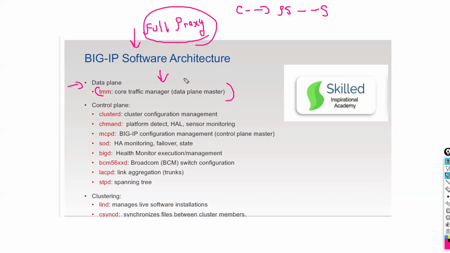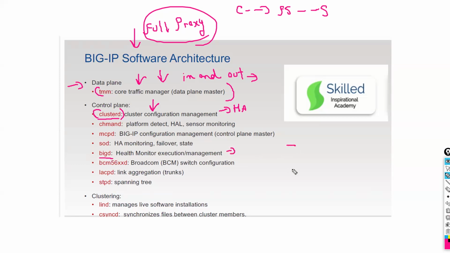For data plane traffic, in and out traffic from client to F5, F5 to the server, all your load balancing traffic will be handled by TMM. That is the Traffic Management Microkernel. When I talk about cluster related configuration, that is the HA configuration, which will be handled by clusterd. There is one more process which is used for health monitor.